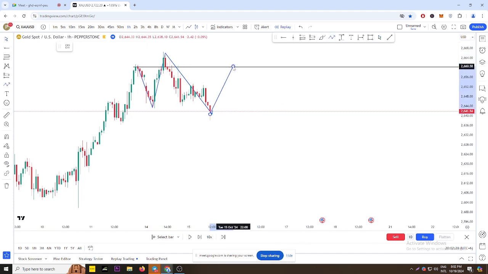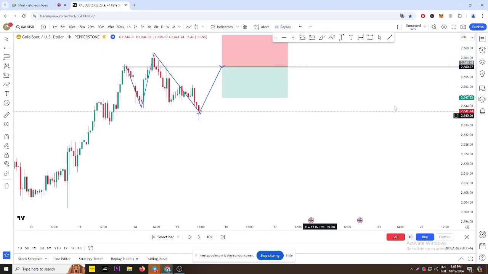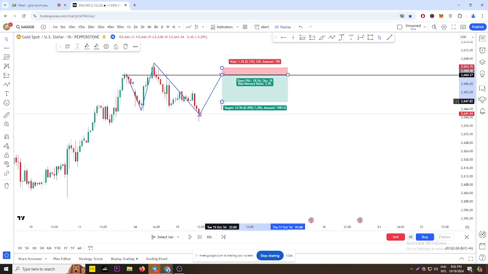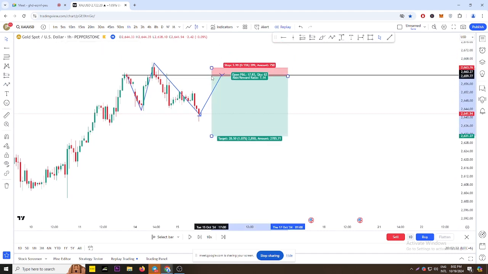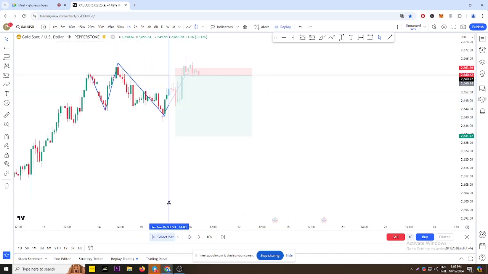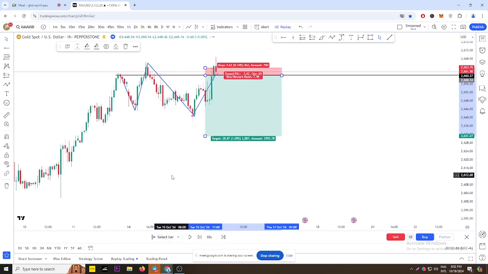The expectation is it goes to here, and that means it's a sell area. We randomly do not sell from that QM. Again, to remember, we look for setups, a lot of setups. So if it goes there, then we are going to sell from here.